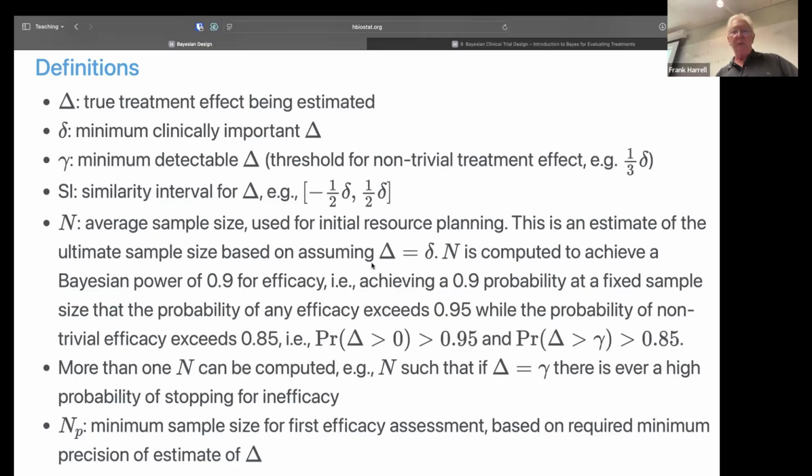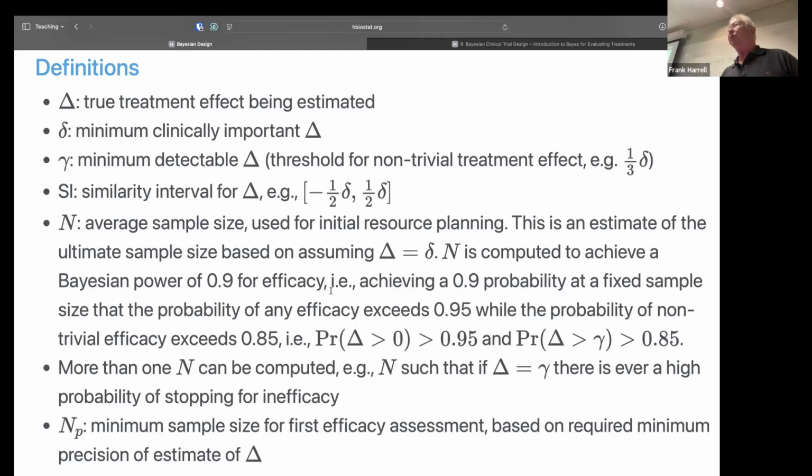We need a sample size that might be calculated assuming delta is equal to little delta. We're going to calculate this largest sample size to achieve a Bayesian power of 0.9. In other words, the probability is at least 0.9 that you will get a posterior probability greater than 0.95.